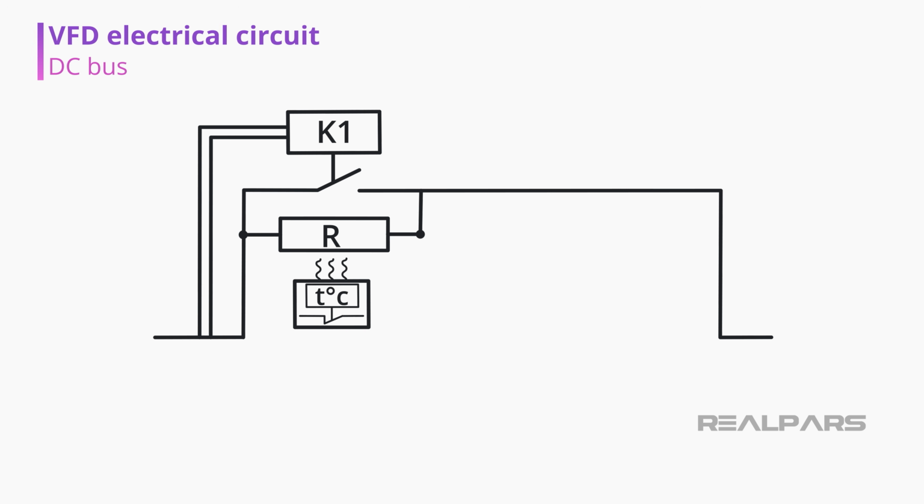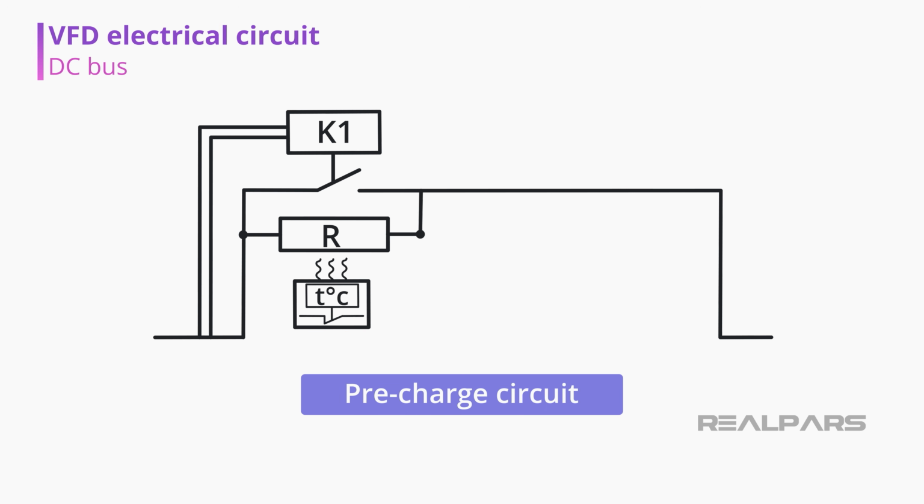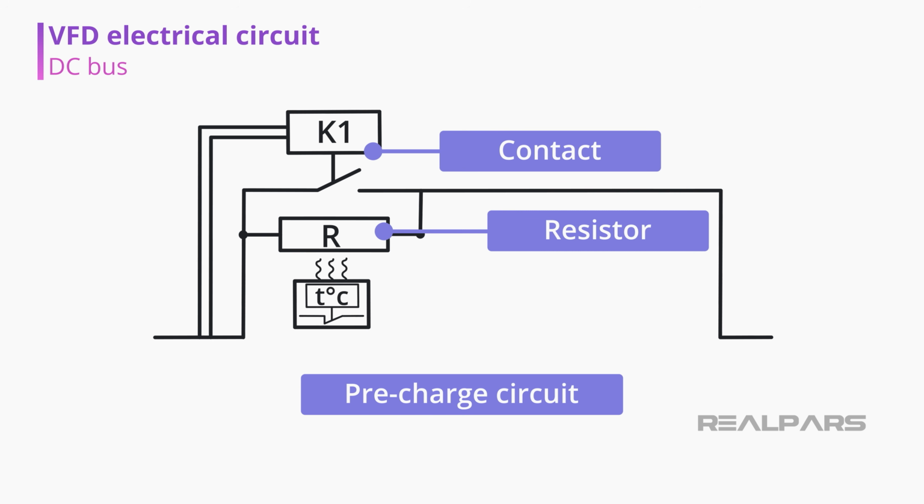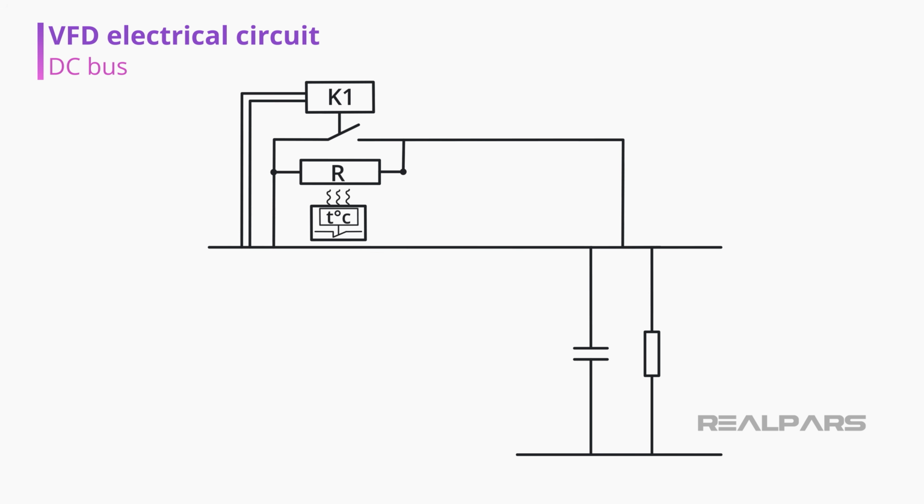So instead, we have a pre-charge circuit. Pre-charge is a current limiting circuit that slows the charge rate of the bus capacitors during power-up. The pre-charge circuit shown here is composed of a contact, a resistor, and a thermostat. When we energize our VFD and the bank of capacitors is not yet charged, the capacitors start to charge through the resistors.